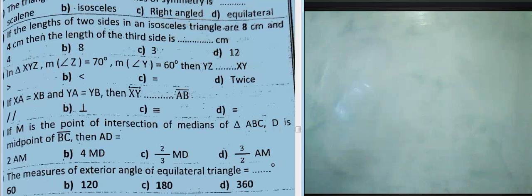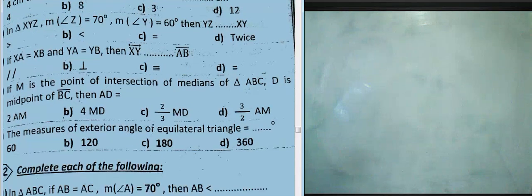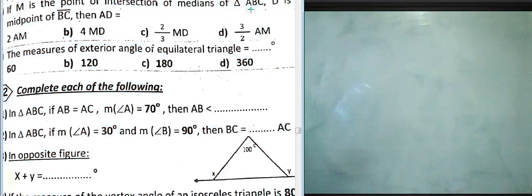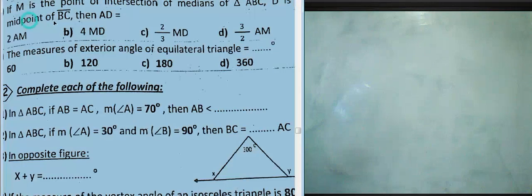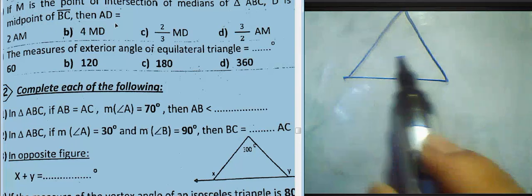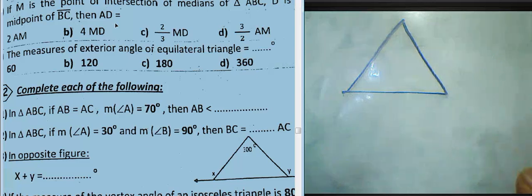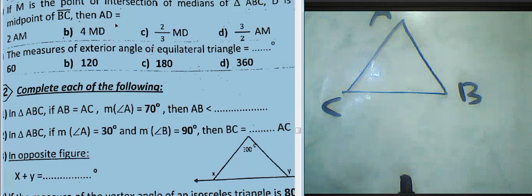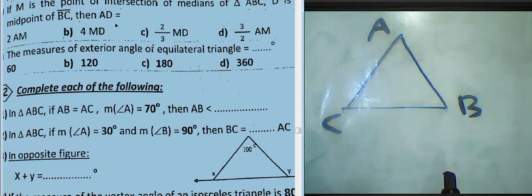Question number 5. If M is the point of intersection of the medians of triangle ABC and D is the midpoint of BC, then AD equals blank. Look with me at the triangle here. He told us triangle ABC, A, B, and C, and D is the midpoint of BC, M is the intersection of the medians.